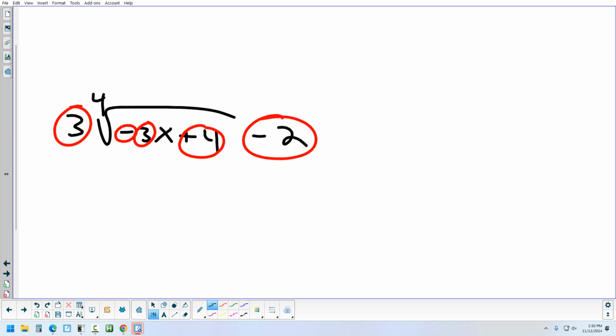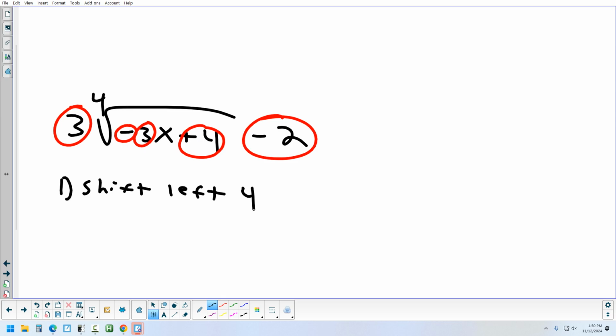What's the first number that we look at? The +4. The +4 is the A. It's a horizontal shift left. Yep. So that's a shift left 4. Is there a number in the B spot? Yes. Negative.